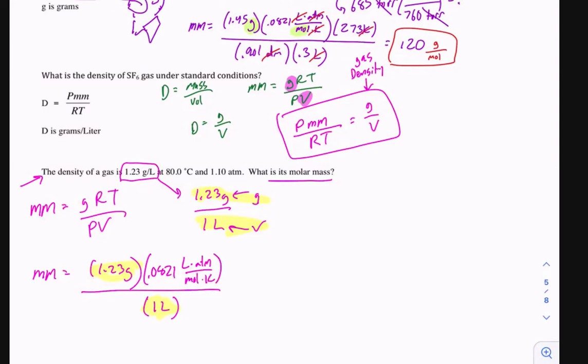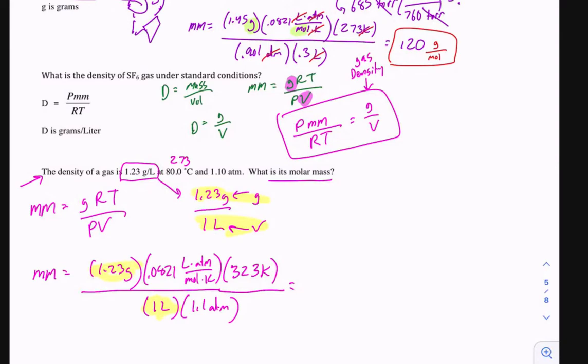All right, temperature is 80, so 273 plus 80, so 323. And the pressure is already in atmospheres. All right. It's 353.